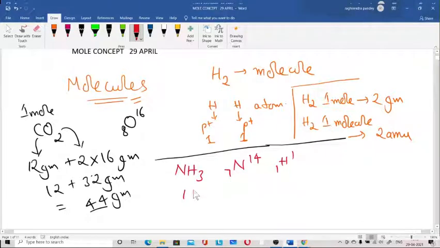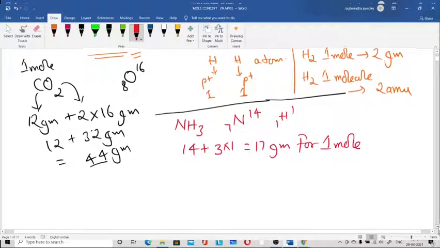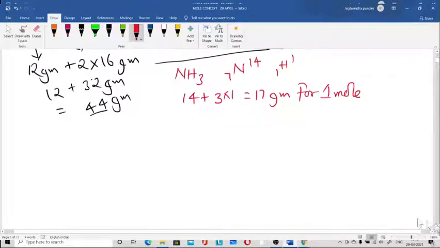So it will be 14 plus 3, that is 3 hydrogen into 1, so that will become 17 grams for 1 mole. Okay, that's how we calculate the weight. So these are the simple molecules, how to calculate the weight, and that is for 1 mole.